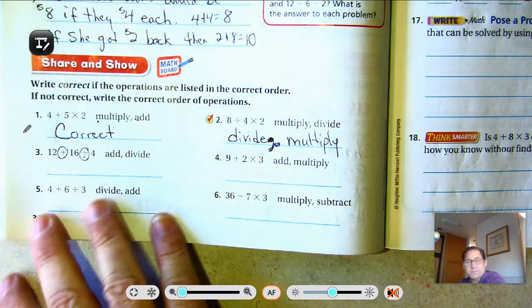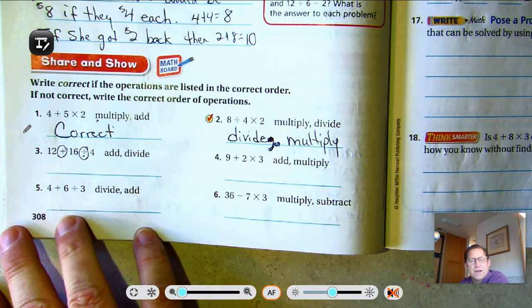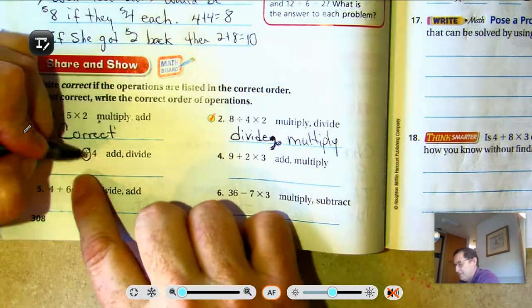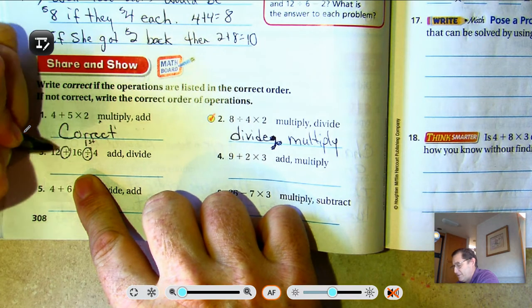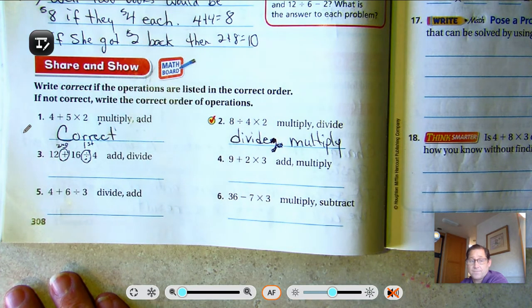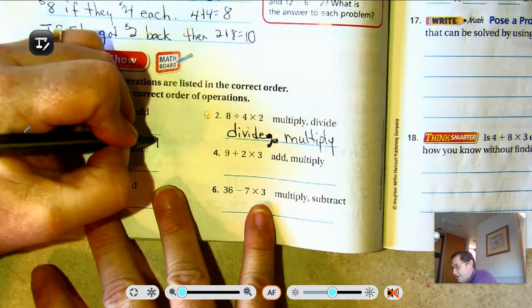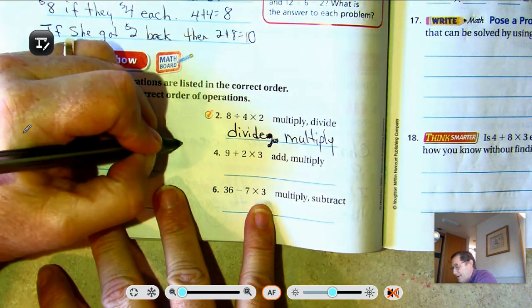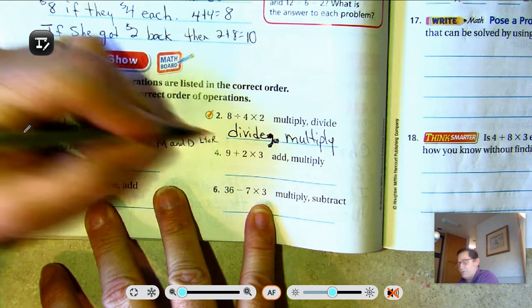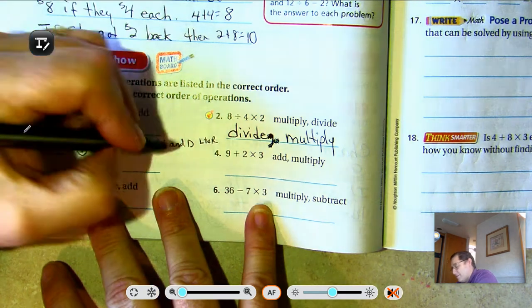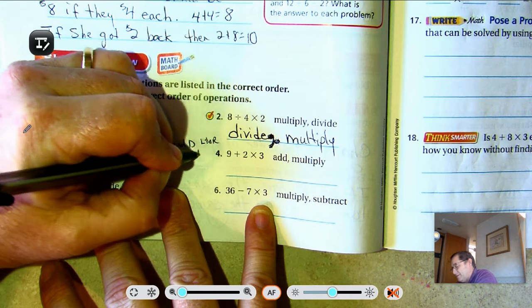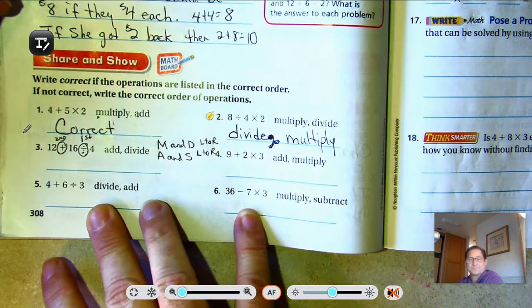Okay, number 3, we have addition and division. Maybe we can even circle them and just get an idea of this. Division is above addition and subtraction. So this should be first, and this would be second, right? Okay, so it's M and D left to right, addition and subtraction left to right.